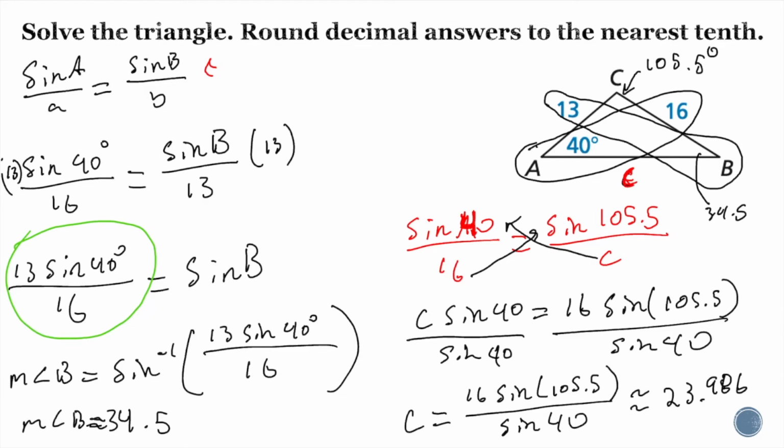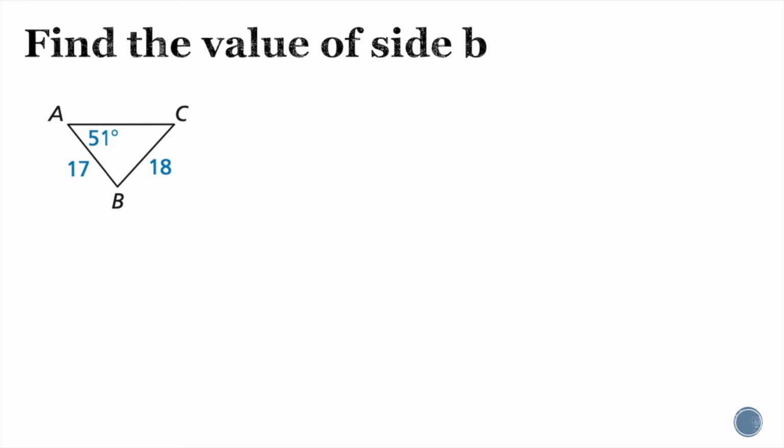So we're rounding to the nearest tenth, and so C is approximately 24.0. Great. Now you try. Find the value of side B. Hopefully you got it. Let's move on.